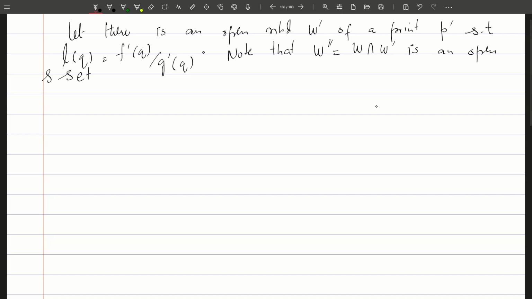But X being irreducible, W double prime is also dense in X.